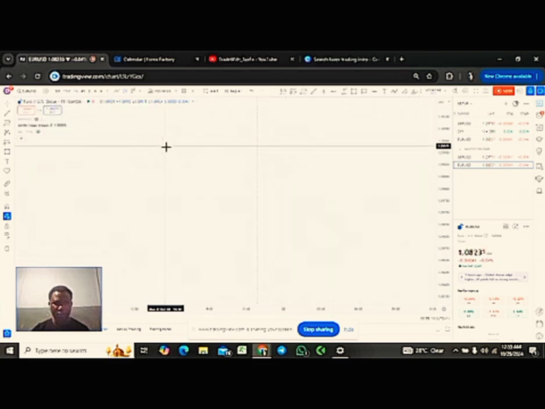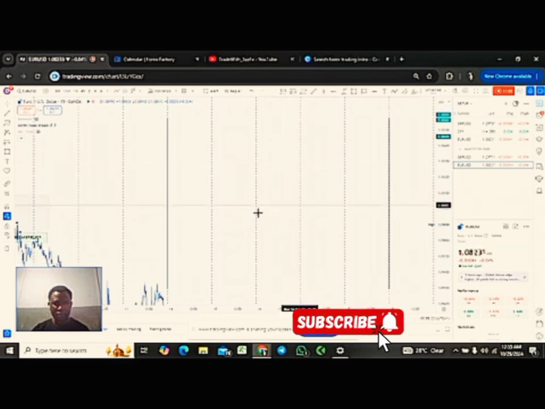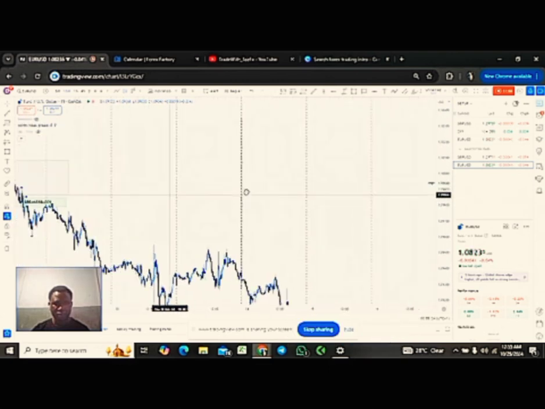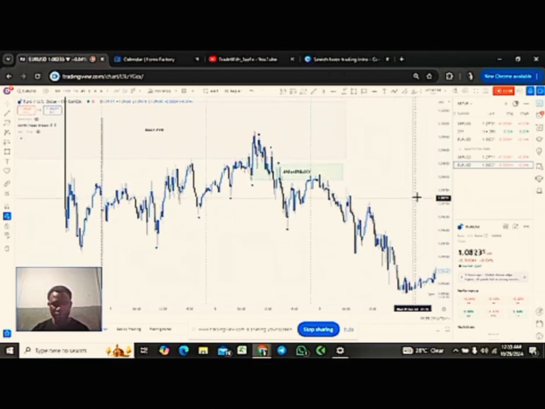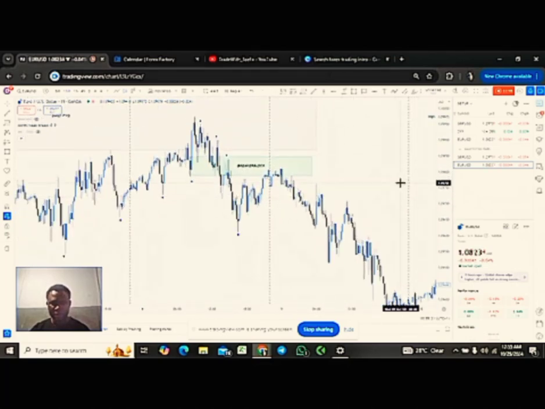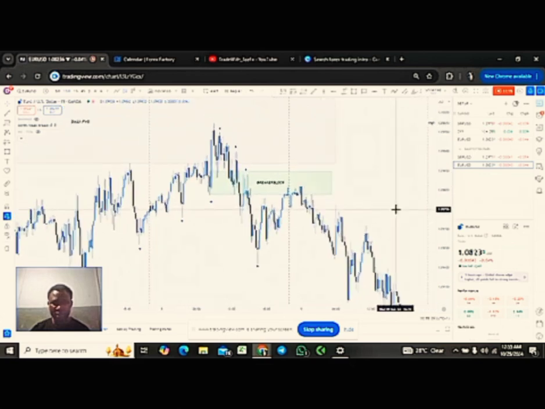Let's go to 15 minutes. What can we see here? You can see the breaker block right here.